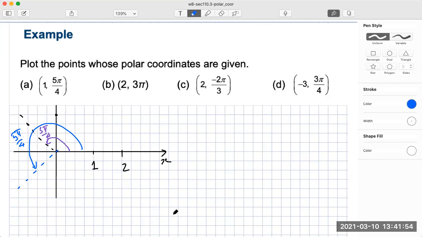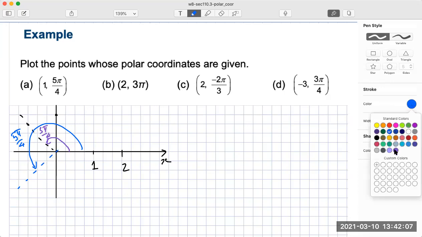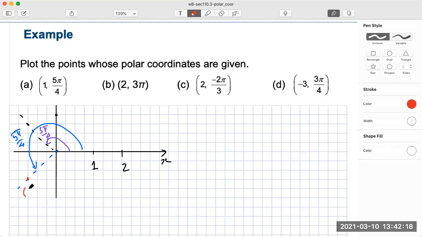Okay. So then the radius of that is 1. It means that the distance from that point to the origin will be 1. And let us count. Okay, for unit, it would be somewhere here, right? Okay, this point here.